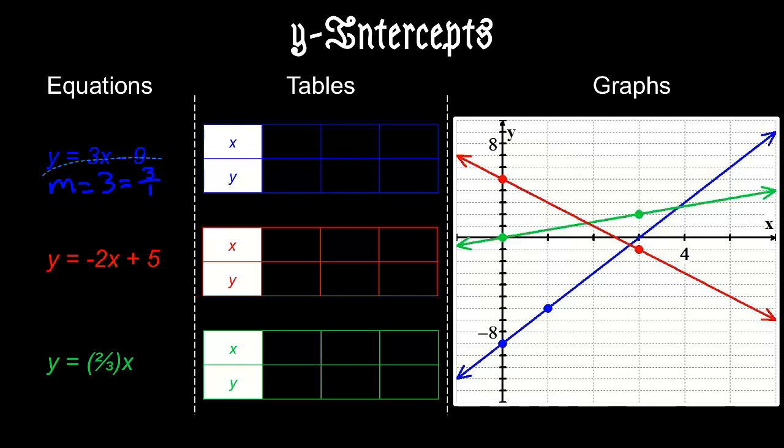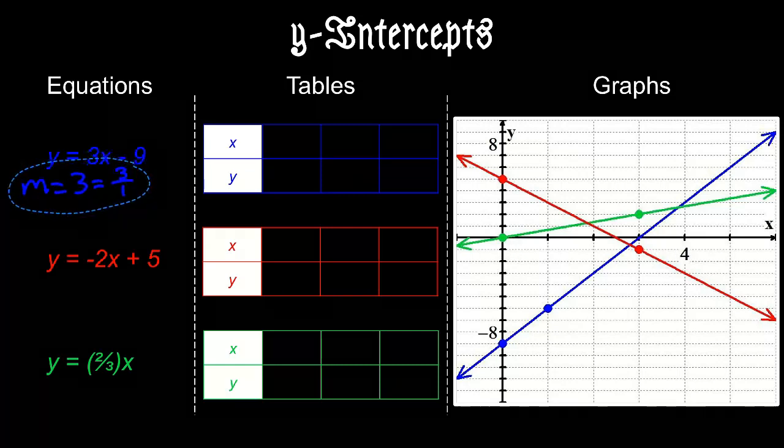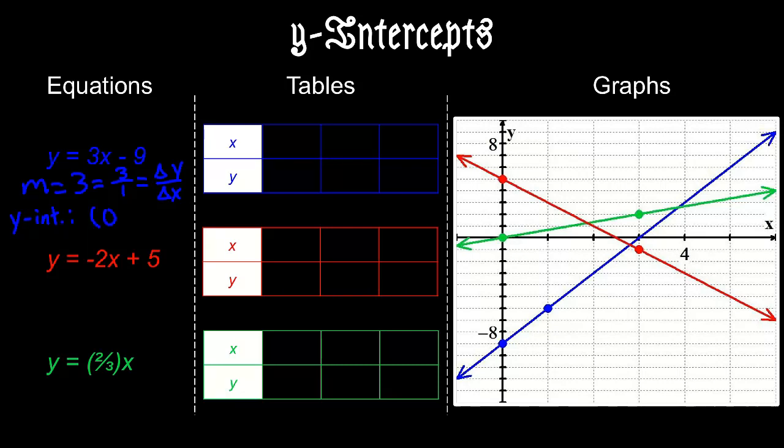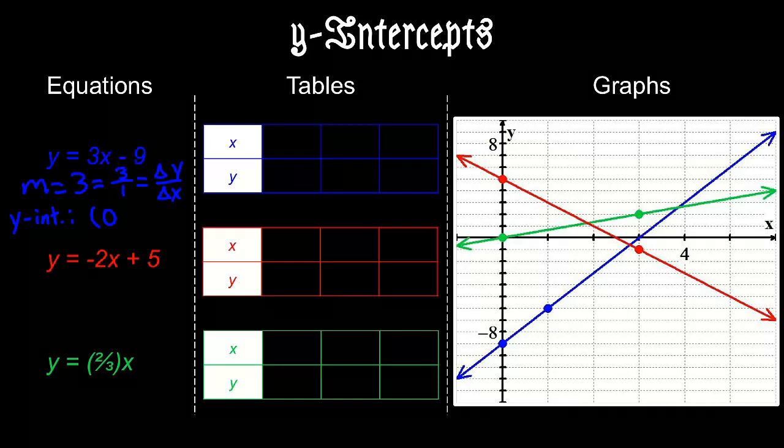And also, it's sometimes useful to think about slopes in terms of delta y over delta x. And the other thing we can see is that our y-intercept, and I'll just say y-int, is the point (0, ...). And because this is a subtraction, it's (0, negative 9). All right?